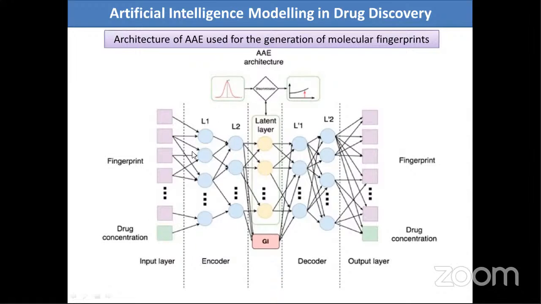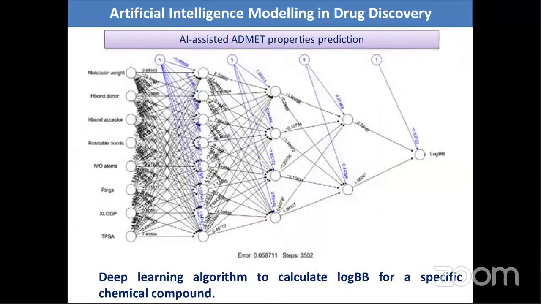So we need to encode and implement the new database, and according to that it processes and results in the output which shows the concentration of the molecule. So artificial intelligence also helps to estimate the concentration of the molecule.